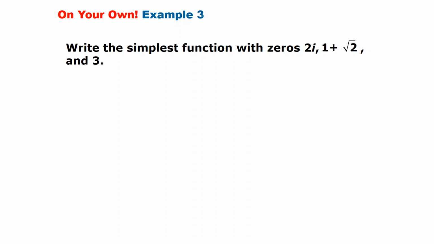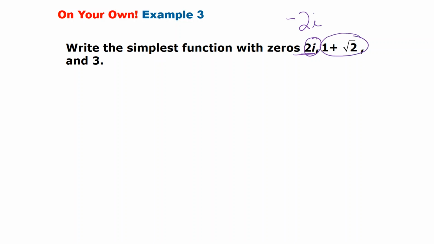Okay, so the first thing we want to do is remember our complex conjugate root theorem. When we look at this, we see that we have a 2i. Now that's a complex root, so one of our roots is going to be 2i, but you have to remember we have another one that's going to be minus 2i.